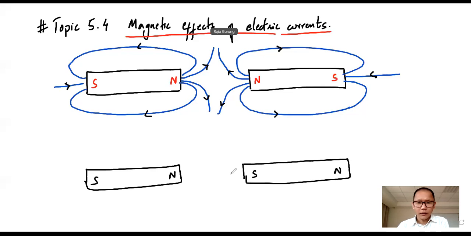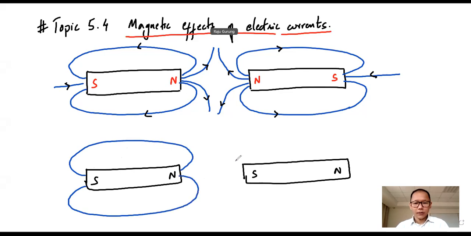Now I have my opposite poles facing each other. Again, the same thing: you draw field lines that look something like this, and here also it will look something like this.